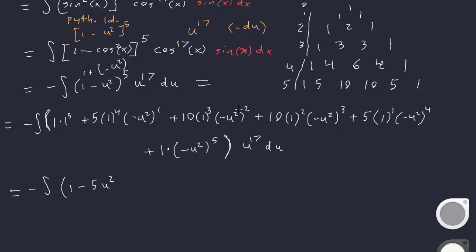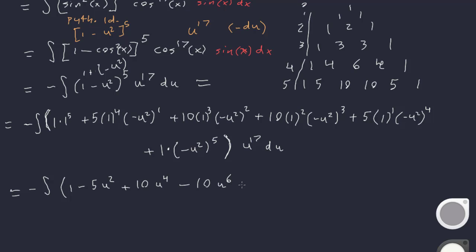For this piece, now the negative should disappear because we're squaring it, so we'll get plus 10 u to the 4th. Then here, on the other hand, the minus should stick around because we're cubing it, and cubing a negative keeps the negative around, so it'll be negative 10 u to the 6th.